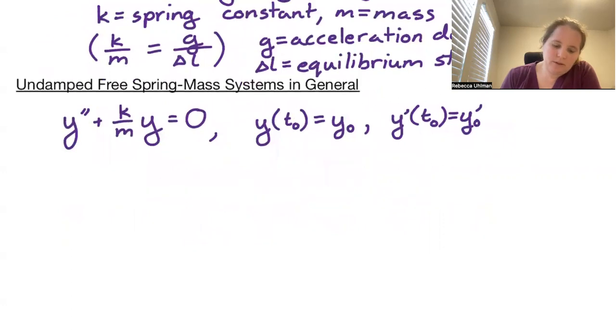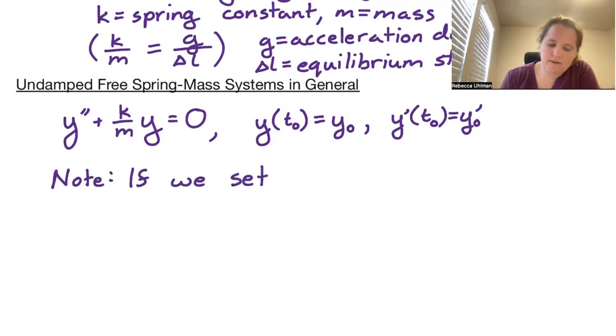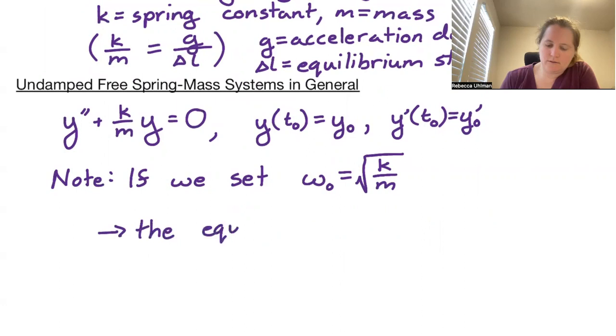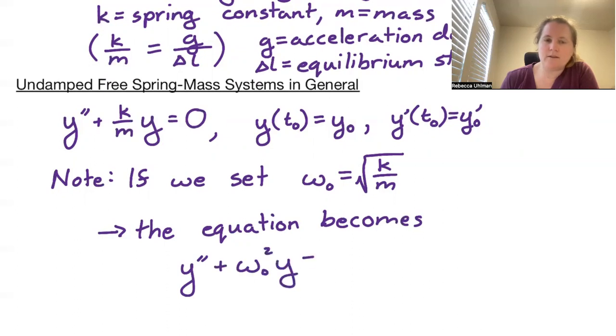So note, if we set omega naught as the square root of k over m, then the equation becomes y double prime plus omega naught squared times y is equal to 0.